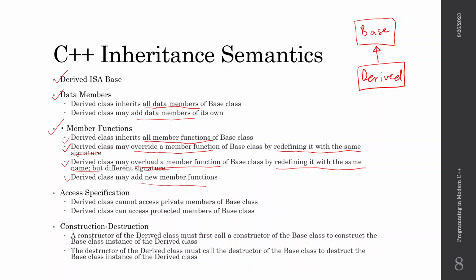The derived class cannot access the private members of the base class, and the derived class can access the protected members of the base class. So basically, what you see is that the public members are accessible by all.